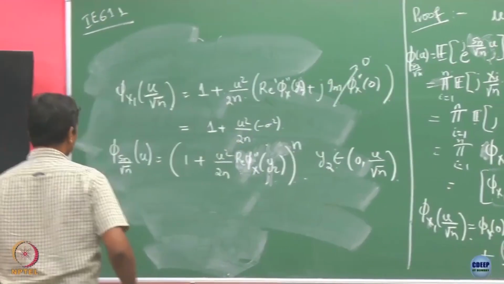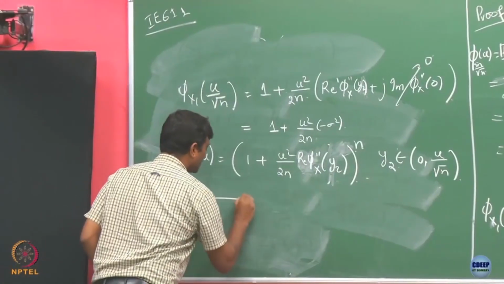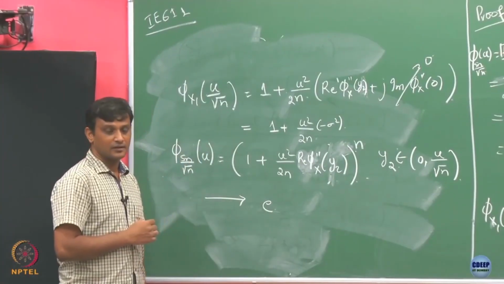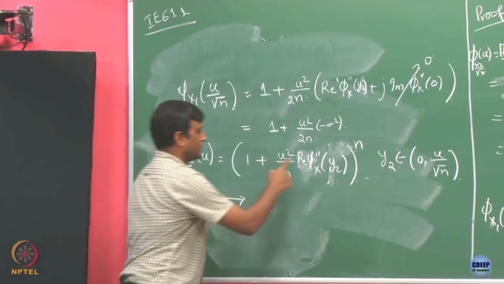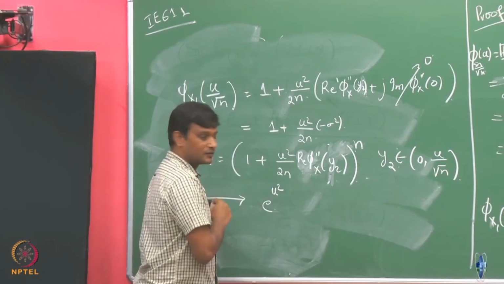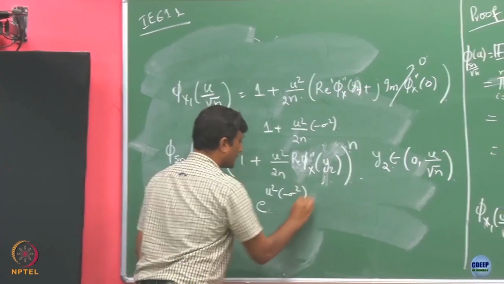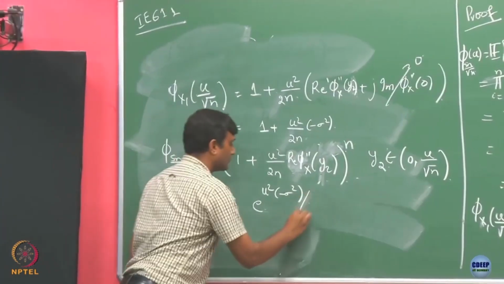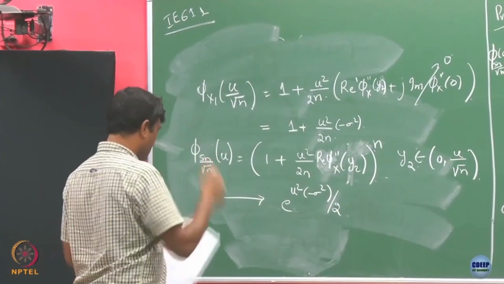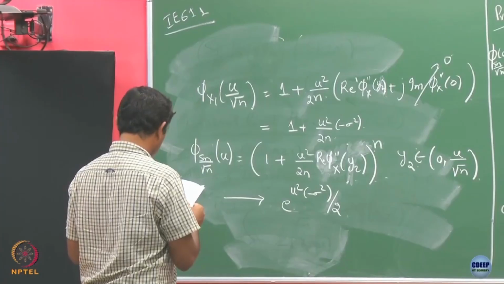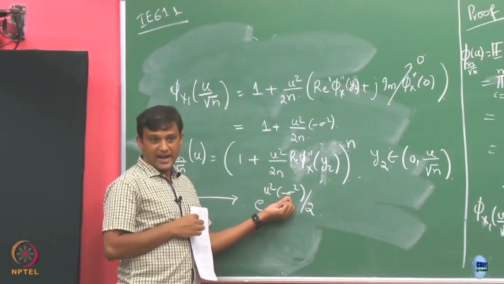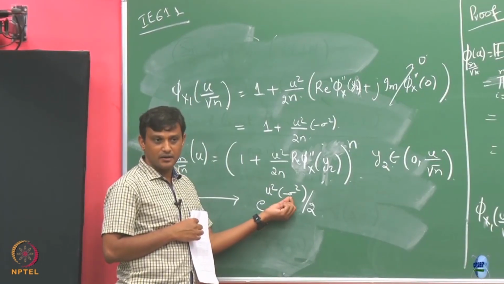E raised to minus sigma square u square by 2. So do you understand why I got minus sigma square here?